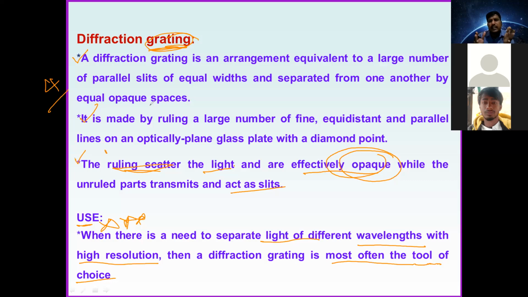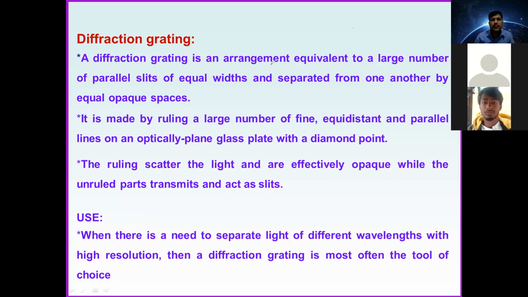If you would like to separate the colors from white light with a high resolution, the grating is the tool to use. Suppose I don't know the wavelength of blue or violet, this grating can easily separate them. So for a 4 marks question, this is enough.